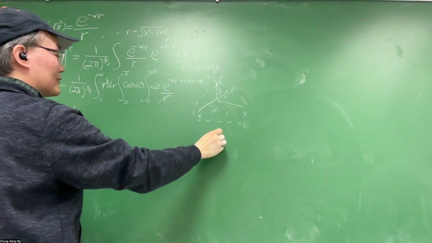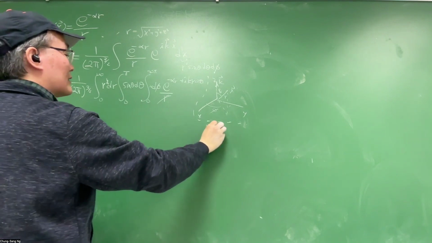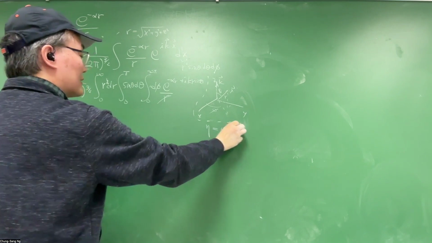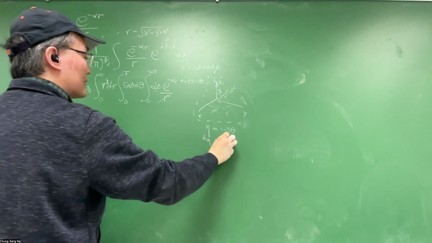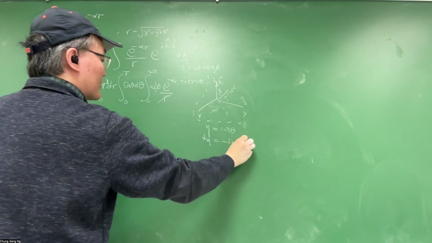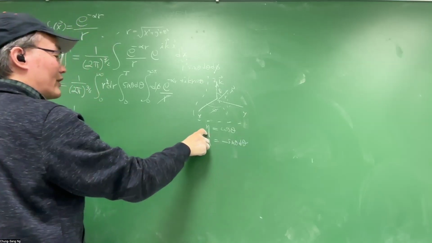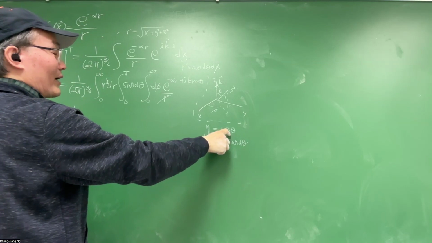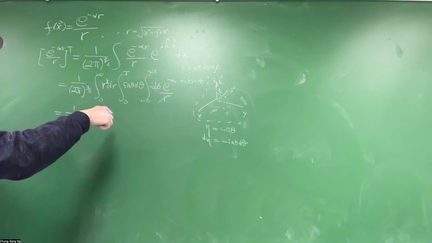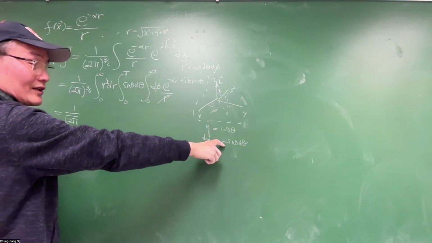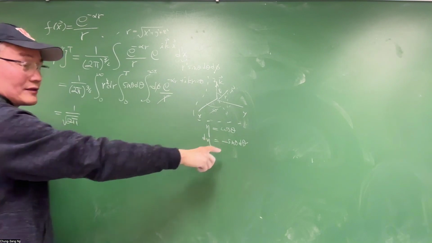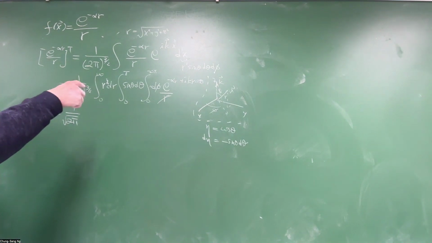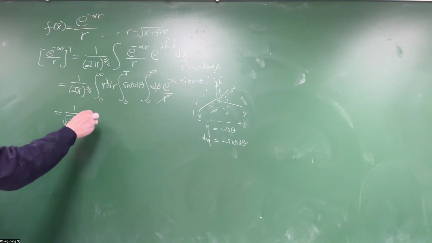You can write a new variable, eta defined as cosine theta, so d eta is minus sine theta d theta. The range: theta equals 0 is eta equals 1, theta equals pi is eta equals minus 1, but there's a negative sign. So you can use the negative sign to flip the range from 1 to minus 1 to minus 1 to 1.